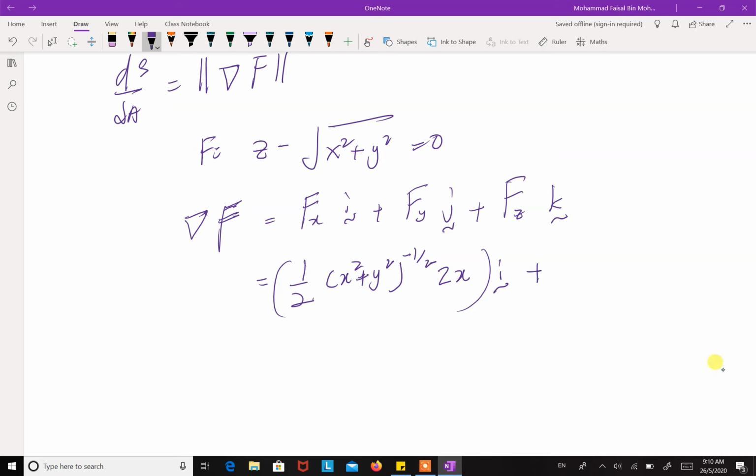The same thing, okay, and then we have half x squared plus y squared.